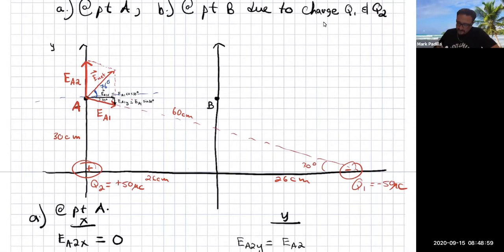Part B. So what does the field do at part B? Well, we know that the bottom here is 26 centimeters and 26 centimeters. Let's erase all this stuff here. That's the nice part about having the iPad Pro.